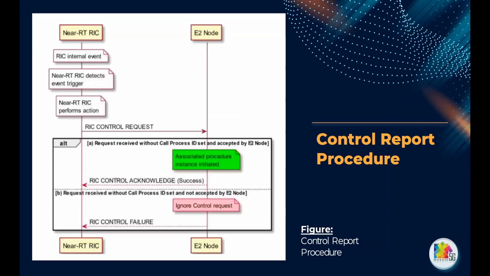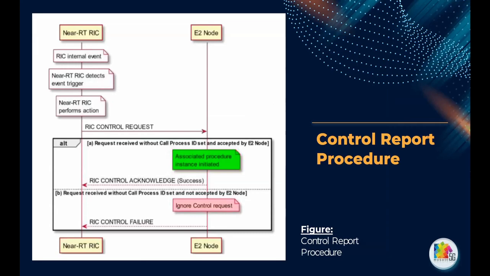And then this is a control. The control is more sophisticated. So in the control, you have some RIC internal messages. What will happen is that you send a RIC control request. So you have some actions to do. For instance, in the O-RAN workshop, we showed a slicing or traffic control.